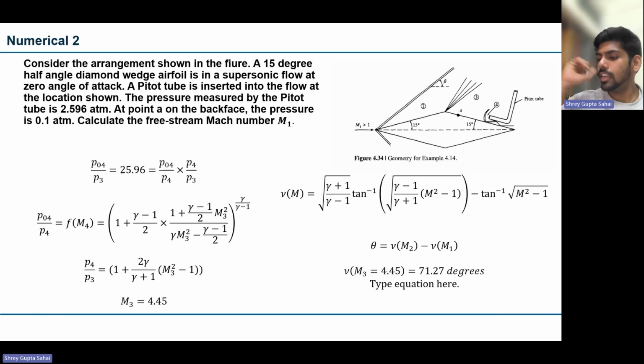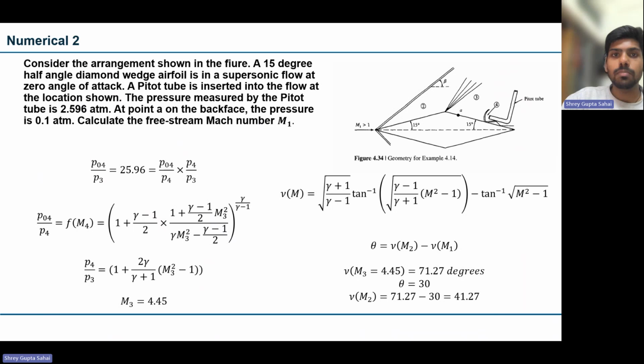Now we know the deflection angle is given to us to be, I think it's 30, right? No, let me check. Yeah, it's 30. So theta is known to us to be 30 from the figure, 15 plus 15. So mu of M2 will be 71.27 minus 30, which is 41.27.